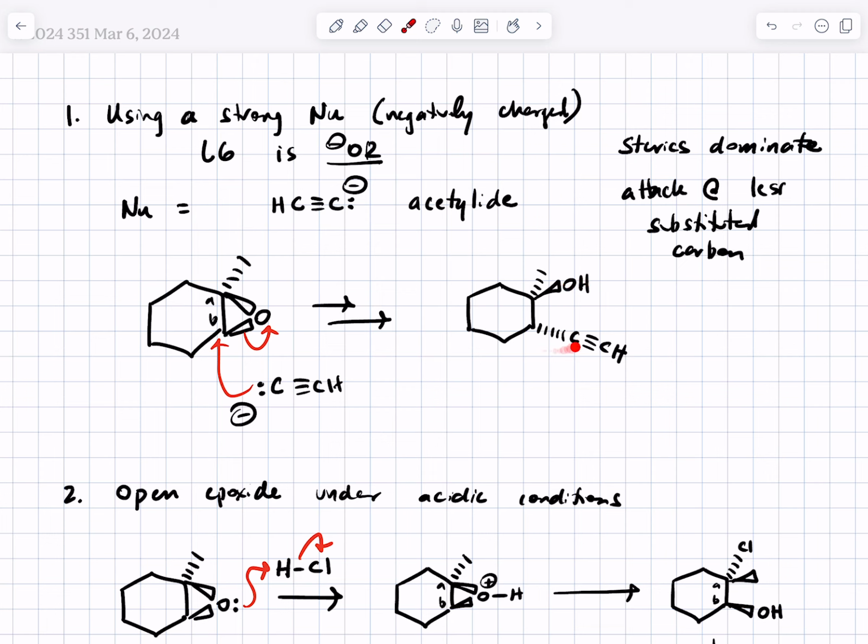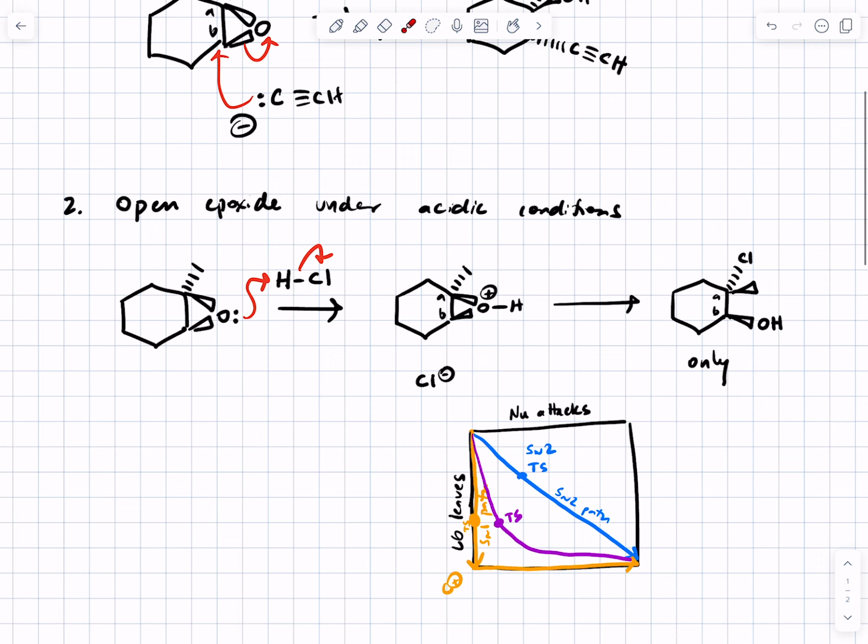And that's generally true when you're using a strong nucleophile under negative charge conditions where a negatively charged oxygen is your leaving group. However, you can also imagine opening the epoxide under acidic conditions where you protonate first, turning the epoxide oxygen into an even better leaving group, and then the nucleophile attacks.